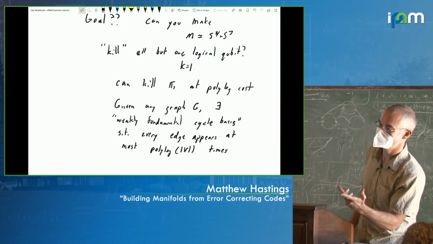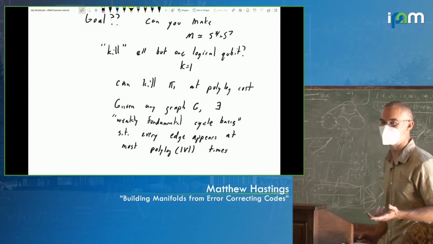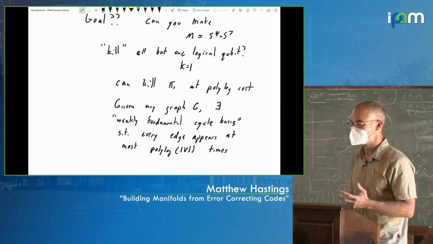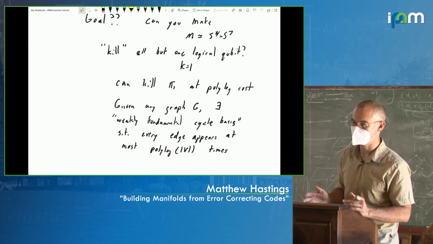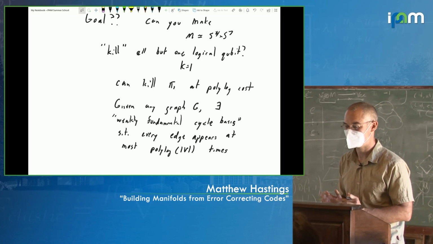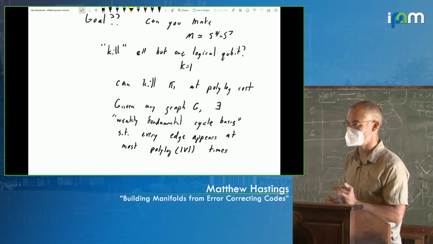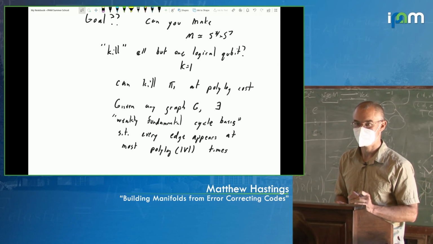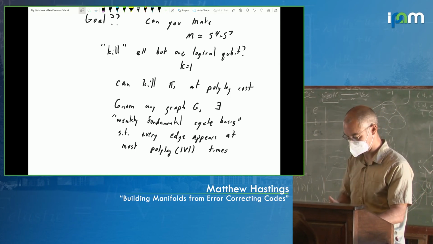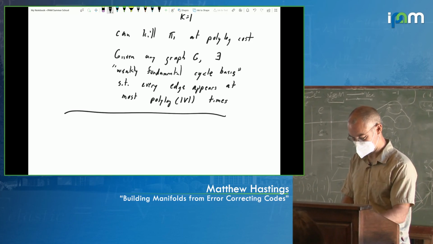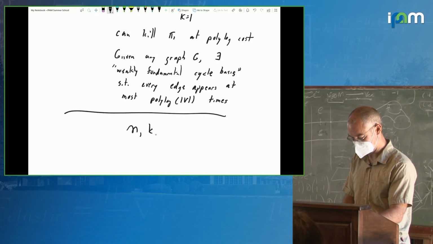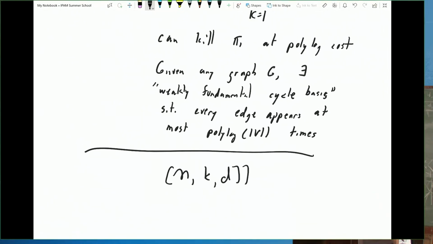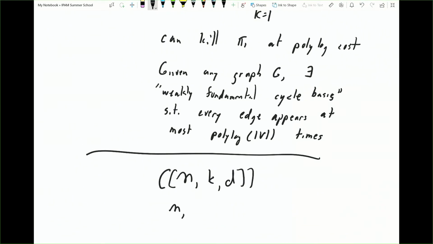Actually, that reminds me of one thing I did want to mention before I stop talking. In terms of open problems, I think there are a lot of codes that can give rise to really interesting manifolds. There are NKD codes, which are quantum, where it's n, theta of n, and theta of square root n.